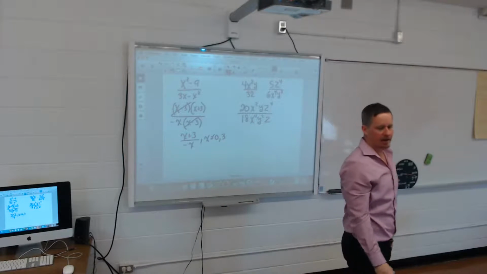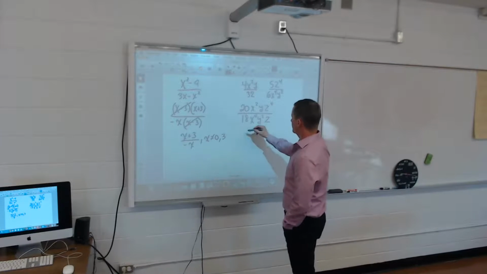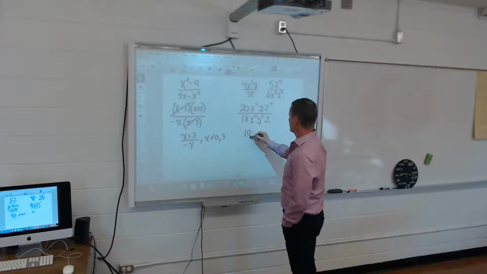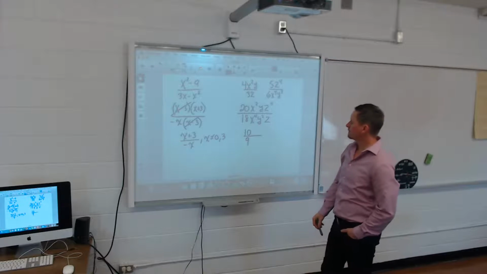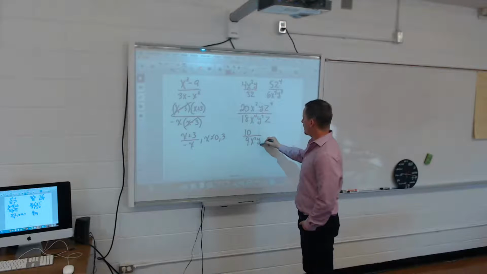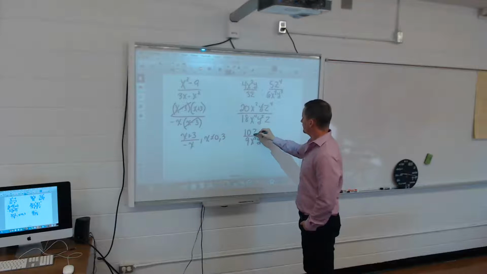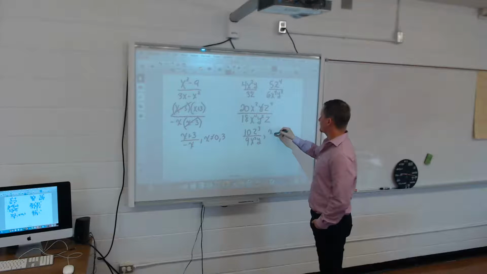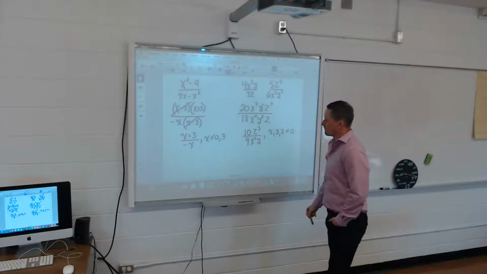So that's multiplying it out. 20 over 18 is 10 over 9, both divisible by 2. x squared over x to the 4th leaves me with x squared on the bottom. A y on the bottom because that cancels. And z to the 3rd on top. x, y, z can't equal 0.